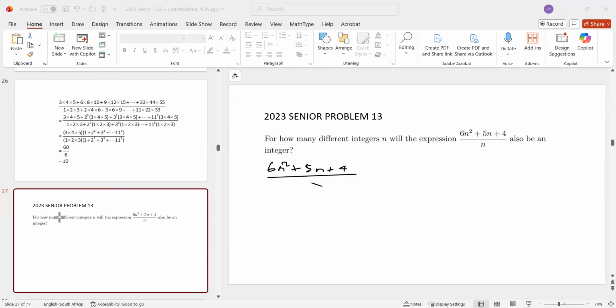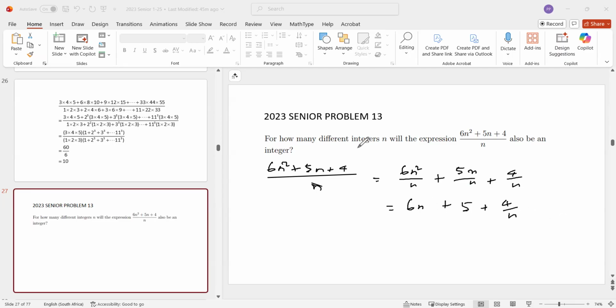Because the denominator is just a single object, you can write this as 6n squared over n plus 5n over n plus 4 over n. Now 6n squared over n is 6n, 5n over n is 5. You cannot simplify 4 over n.